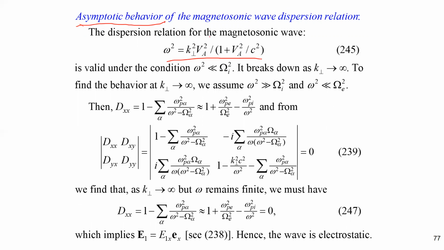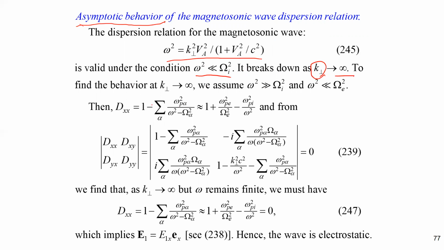The dispersion relation for the magnetosonic wave is valid under the condition of very, very low magnetic field, very, very low frequency. It breaks down as k perpendicular becomes infinity.